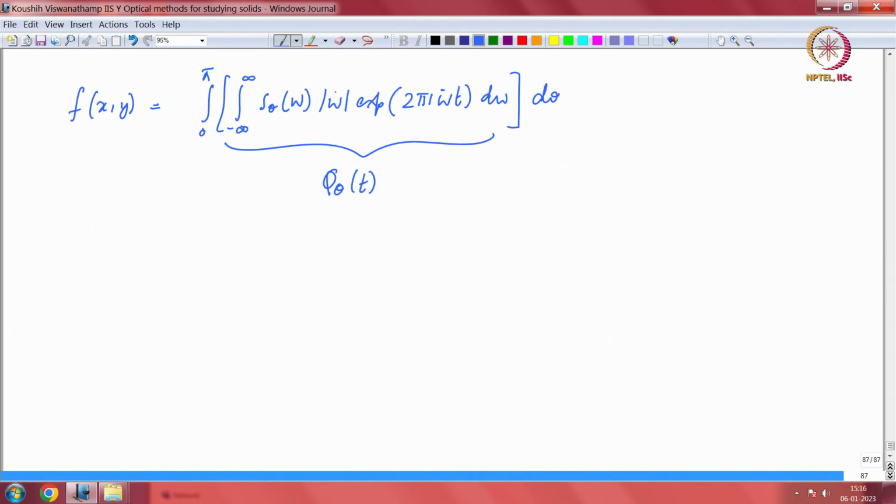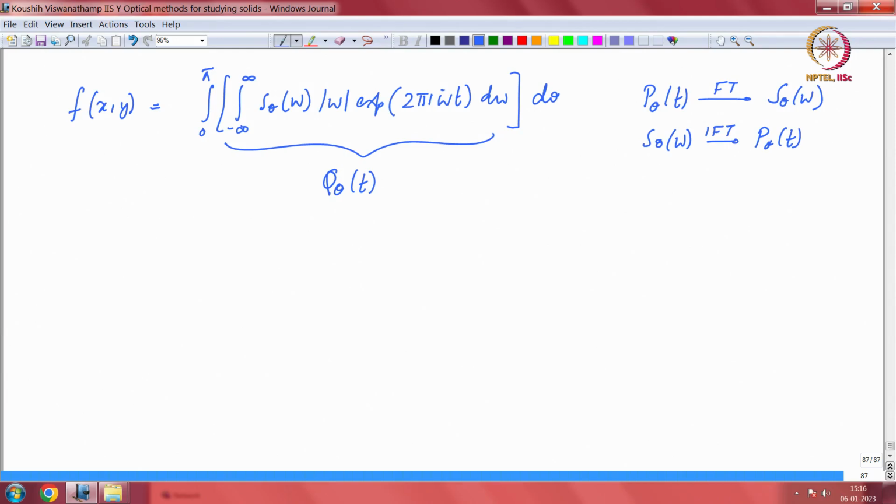If you did not have this magnitude w sitting in the middle, then this is basically just p theta of t, because it will be the inverse 1D Fourier transform of S. Remember, p theta of t, if you do a Fourier transform you get S theta of w. So, if you do an inverse transform of S theta of w, you should get p theta of t.